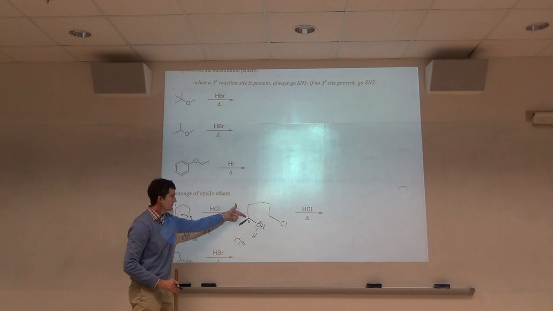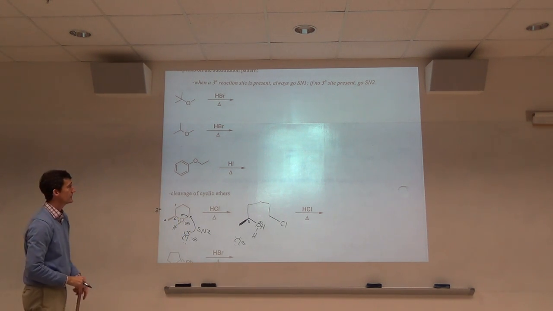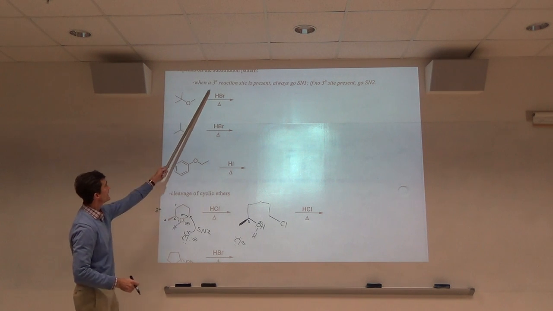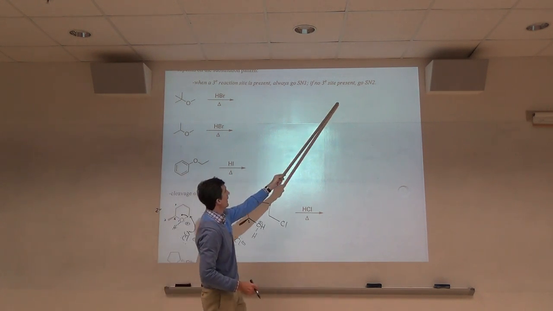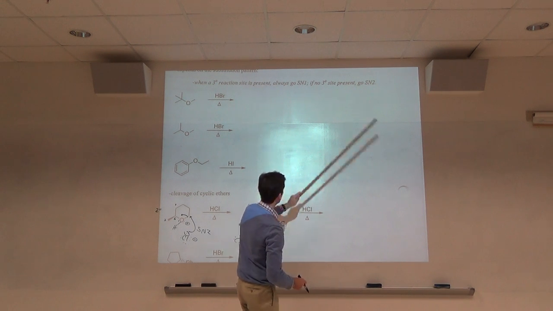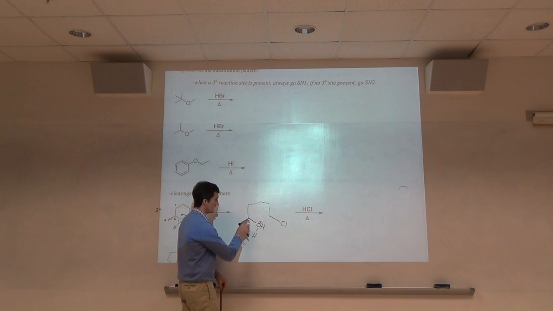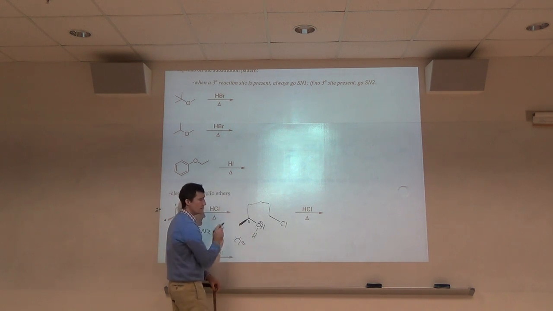It's secondary. Now, you should probably do either. For these cleavages, we said only do SN1 if a tertiary is available. So let's go with that. Is that tertiary? No, it's secondary. I'll probably do an SN2.